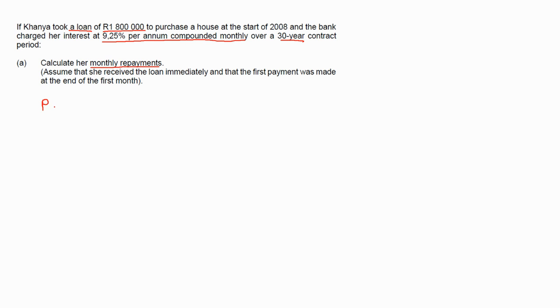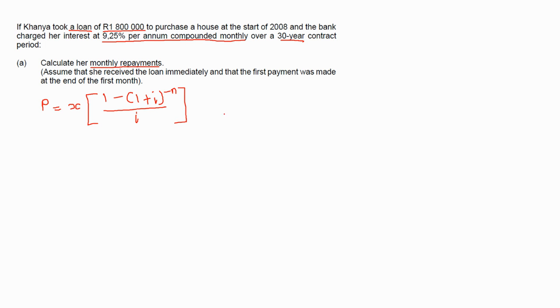So P is equal to X, and then 1 minus (1 plus i) to the power negative n, all this over i, and then we close the bracket.